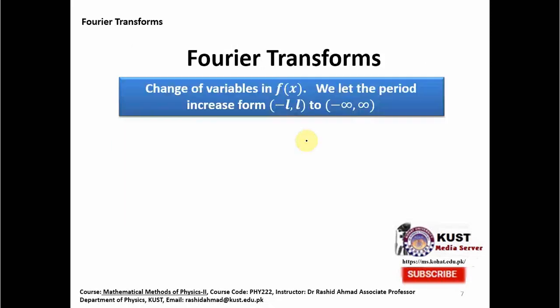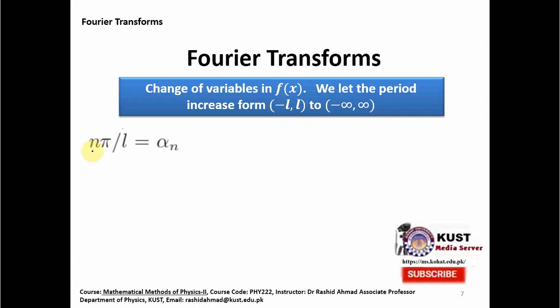Let me do this. First of all, I will make a change of variable in f of x, and will also let the period increase from minus L to plus L, to infinity, to make it look continuous, and also make one change of variable to make it look like a Fourier series.